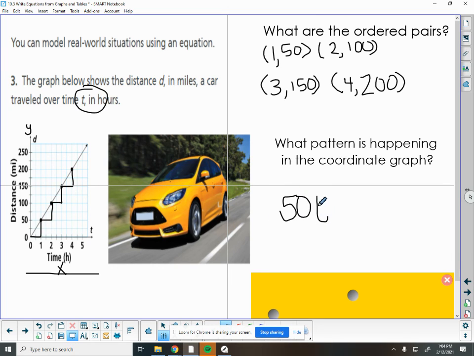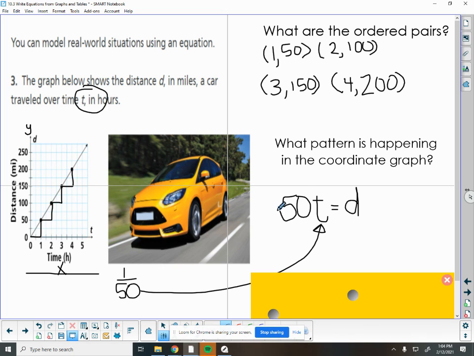And we'll multiply that by the time we choose to spend in the car, and that will tell us the distance. I have 1 hour is 50 miles. If I spend 2 hours in the car, 50 times 2 is 100. 2 hours, 100. So that fits my graph here.